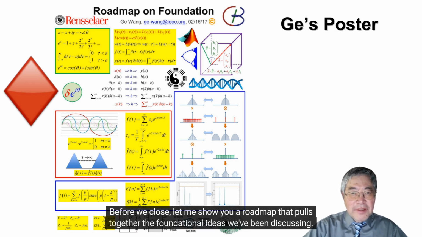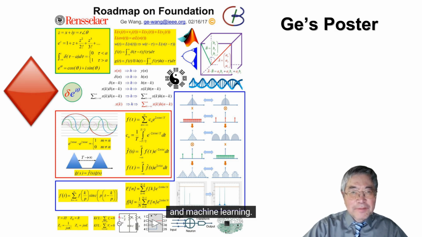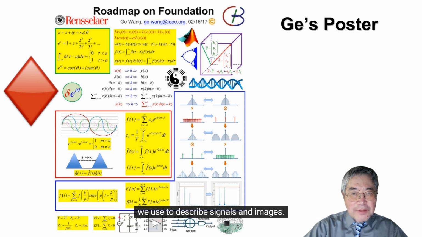Before we close, let me show you a roadmap that pulls together the foundational ideas we've been discussing. This diagram is a kind of big picture for the mathematical and engineering concepts underlying modern imaging and machine learning. It includes complex numbers, Fourier transforms, convolution, and sampling theory, all of which form the language we use to describe signals and images.